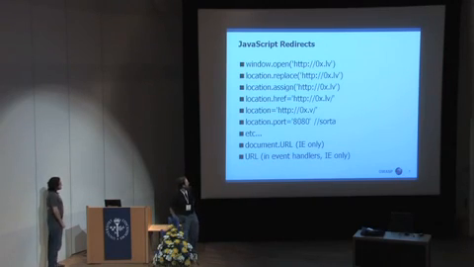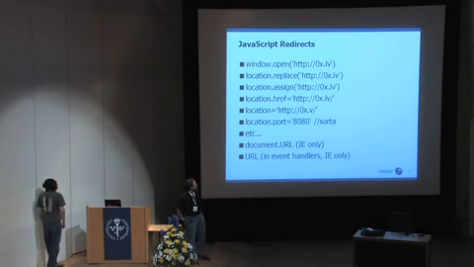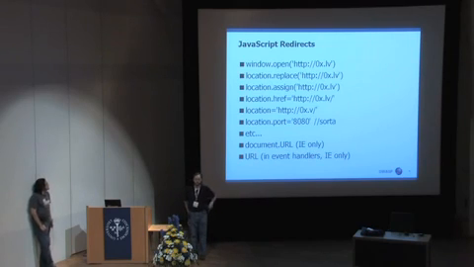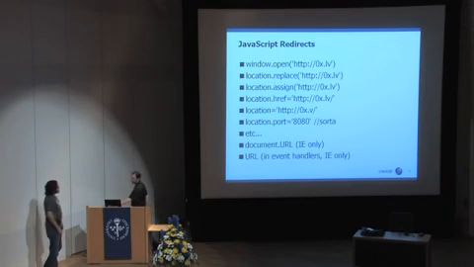And then there's a couple that are IE specific, and they're interesting, especially for web obfuscation type attacks because they're not very well known. One is document.URL, or if you happen to be in an event handler, you can actually just use URL, which is quite nifty for various kinds of attacks. So those are a few of the different JavaScript ways you can do redirects.